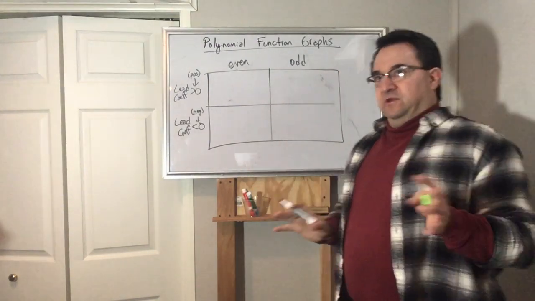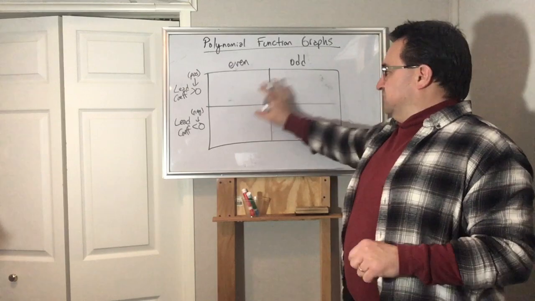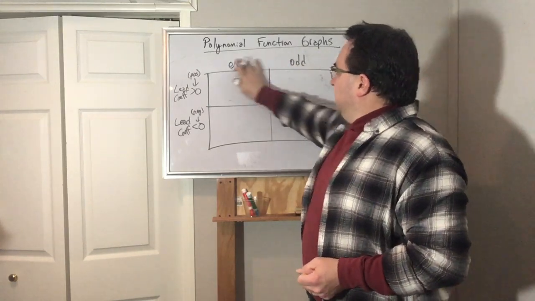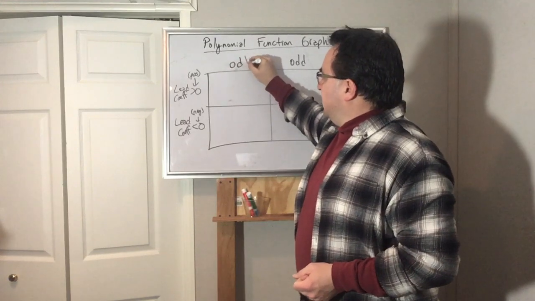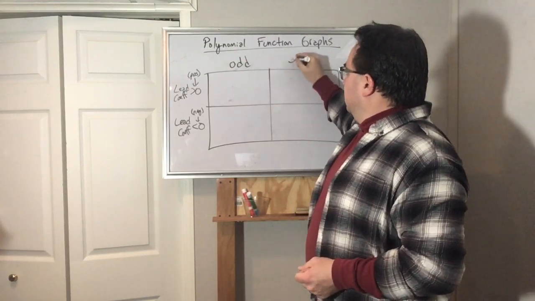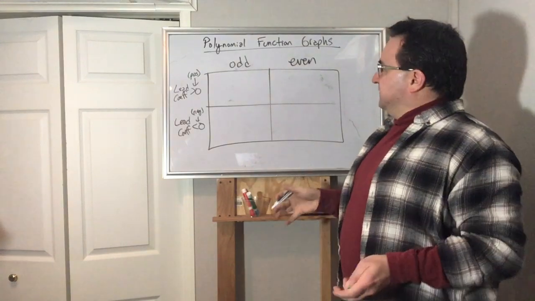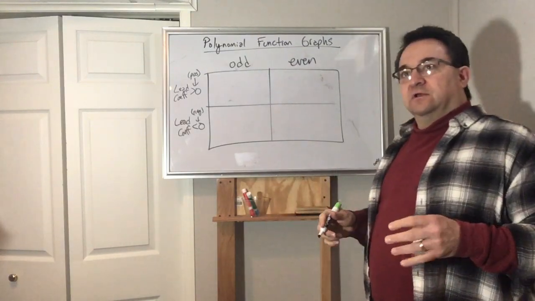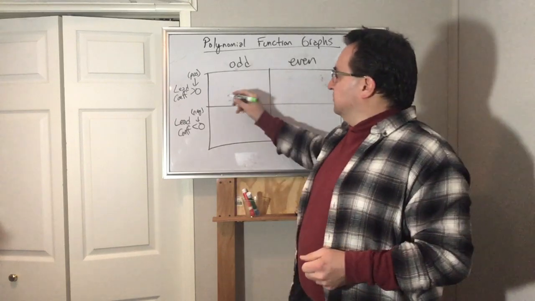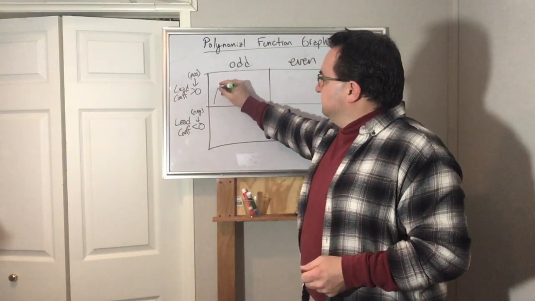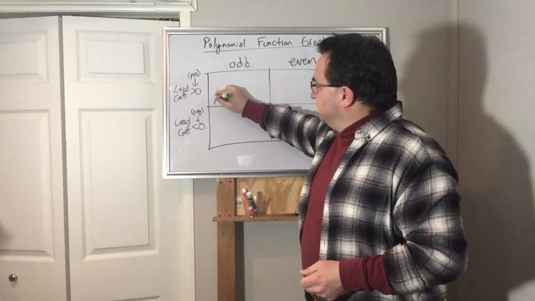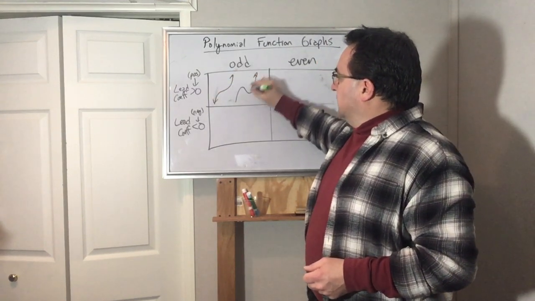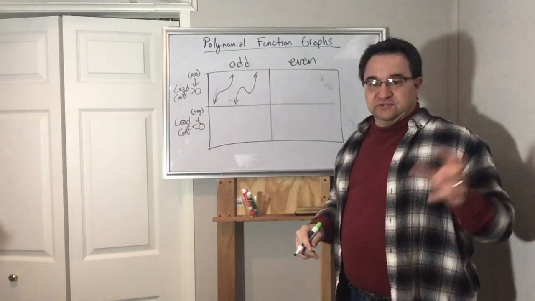So in a minute, we're going to be looking at some equations, and we're going to want to think about this grid. Now, actually I want to reverse this. Let's make this odd and this even. Now, with the exception of lines, which are technically an odd degree polynomial, these look something like this: a cubic function, or basically a cubic function with a squiggle in the middle.